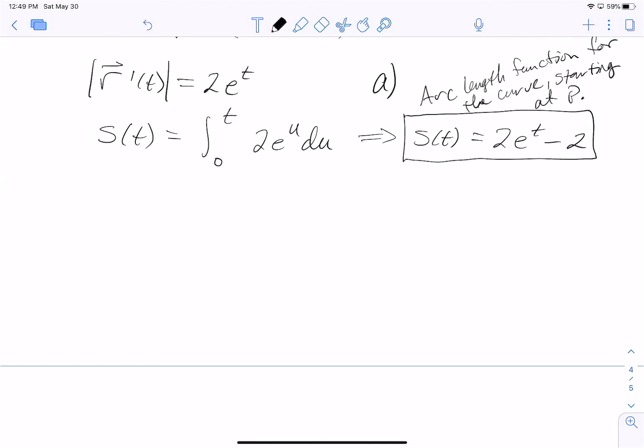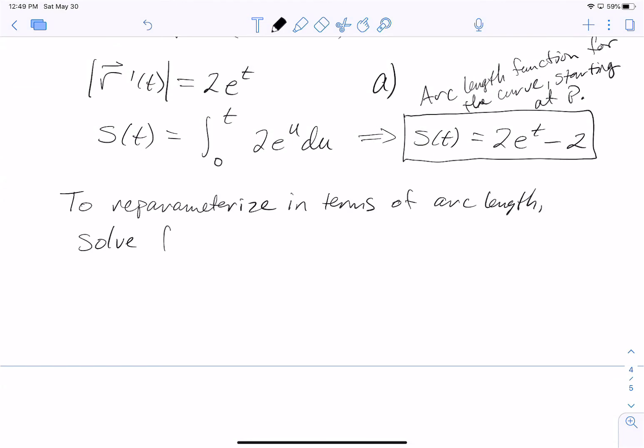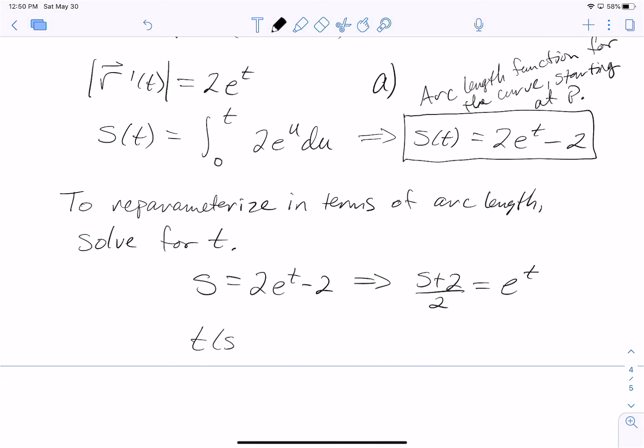In other words, solve for t. s is equal to 2e to the t minus 2, which means that s plus 2 over 2 is equal to e to the t. So t as a function of s is equal to the natural log of the quantity s plus 2 over 2. It just kind of turns the arc length inside out.